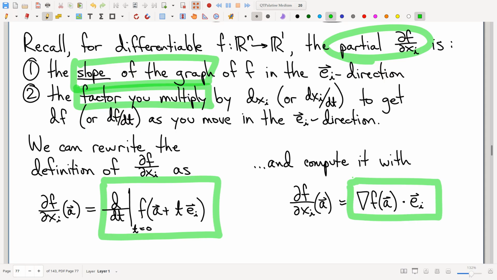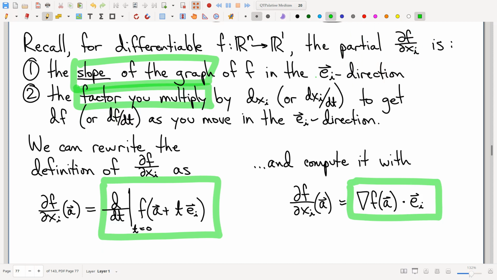The gradient, being a vector of partials, when you dot it with a vector of mostly zeros, wherever that 1 is in the vector on the right, that's the coordinate of the vector on the left that is going to be the answer. That's just an easy dot product. You just write it down, dot it out. There's only one term, and again, it is that partial. So again, make sure you can do that as well. Okay. 4 features of the partial derivative. Now let me rephrase this whole thing.